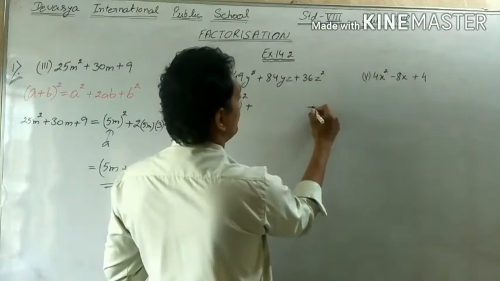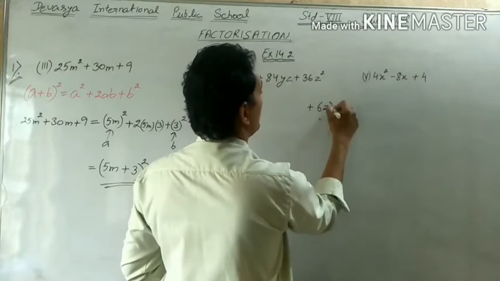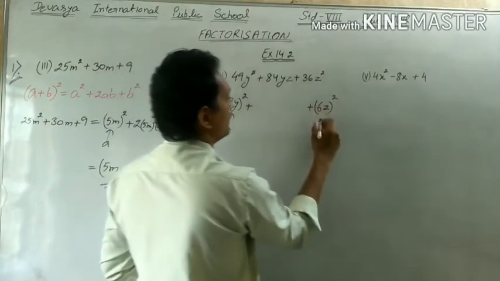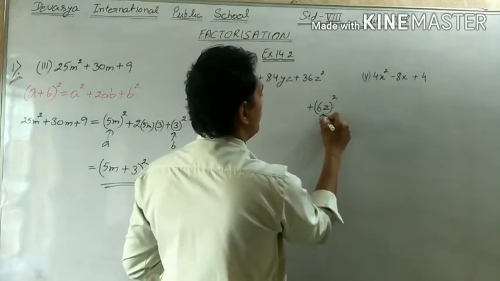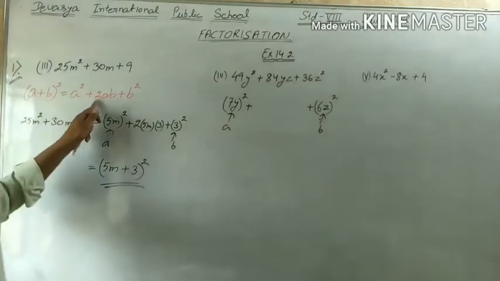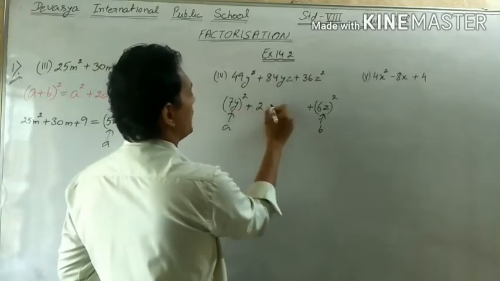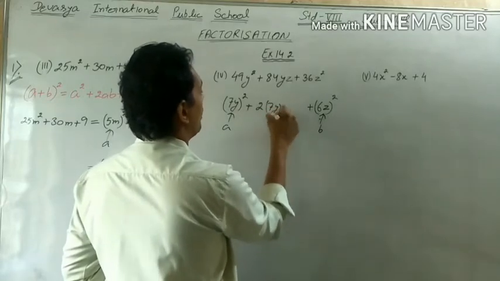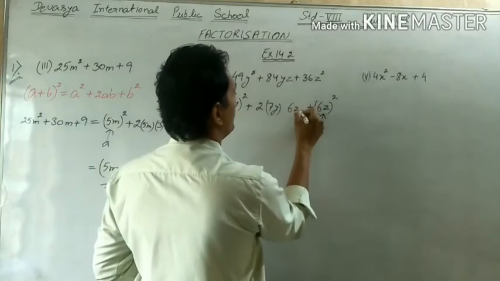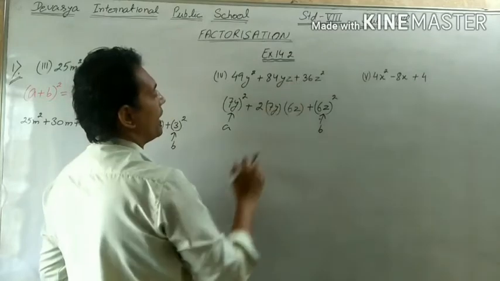The last term is your 36z square, which can be written as 6z whole square. Now the quantity in the first bracket is your A and the quantity in the last bracket is your B. Fine, and the middle term should be in the format 2 into A into B. So let's write 2 into what is A, that is 7y. What is B? B is your 6z. Clearly, when you multiply 2 into 7 into 6, you get 84yz.